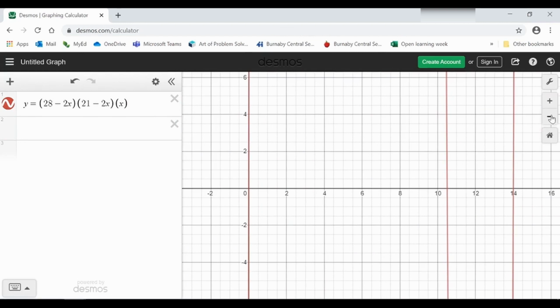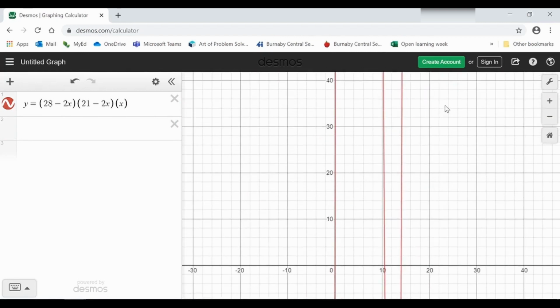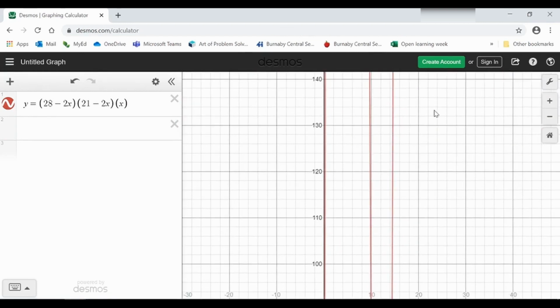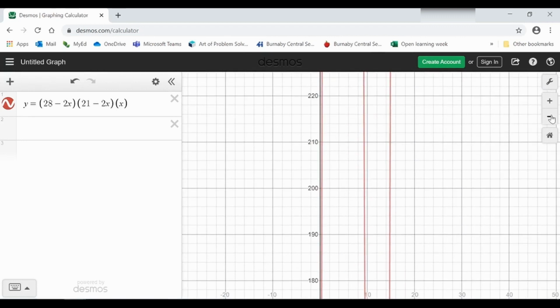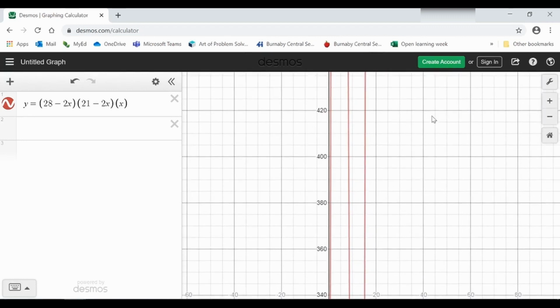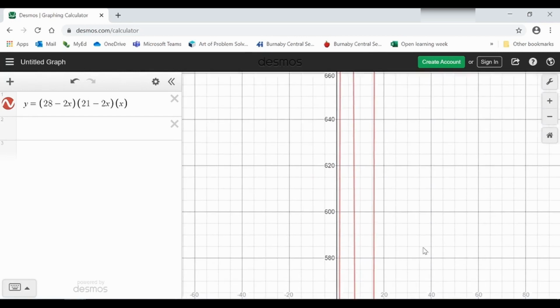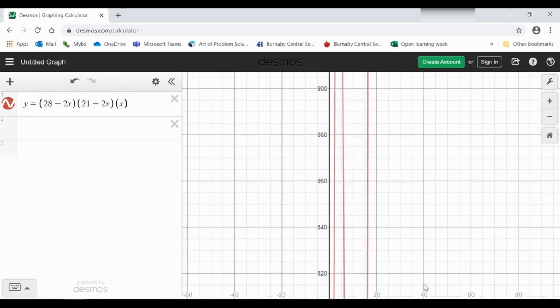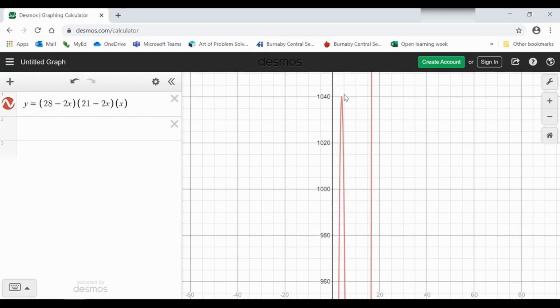So I need to scroll around a little and see what I'm finding. Now, I'm looking for that little maximum here, right? That little hump. So I need to keep going up and up and up. There we go. There it is. So this is what I'm looking for here. So my x value is 3.96 and my y value is 1040.08.